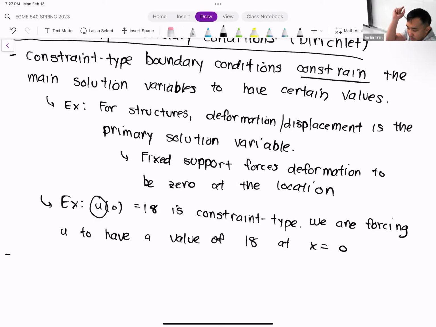So why are constraint type boundary conditions important? Well, constraint type boundary conditions are important because you need to have at least one in order to have a valid FEA simulation.